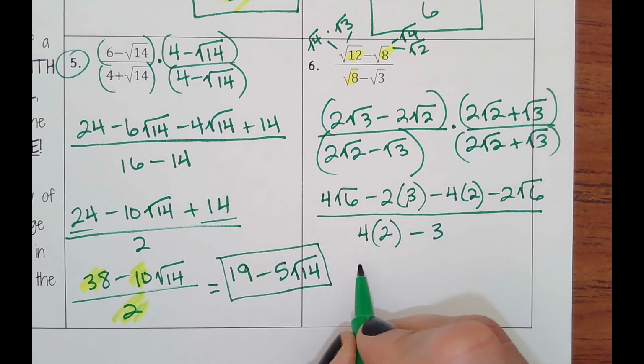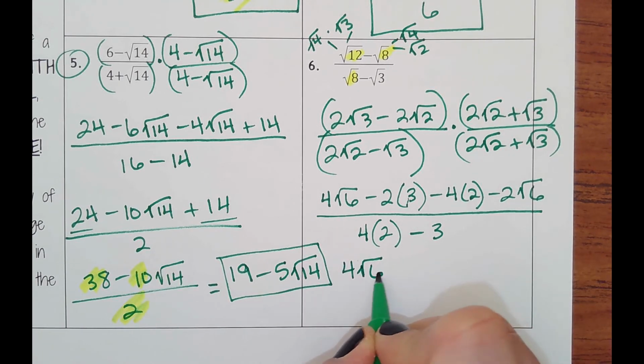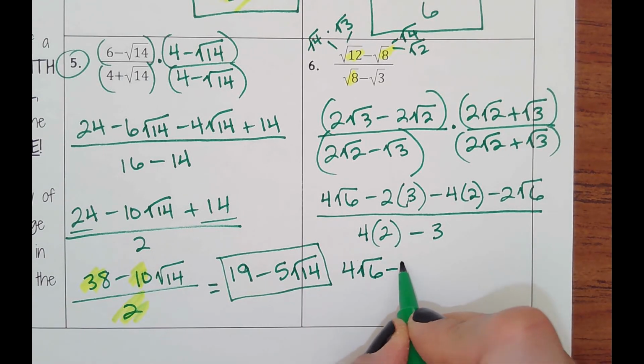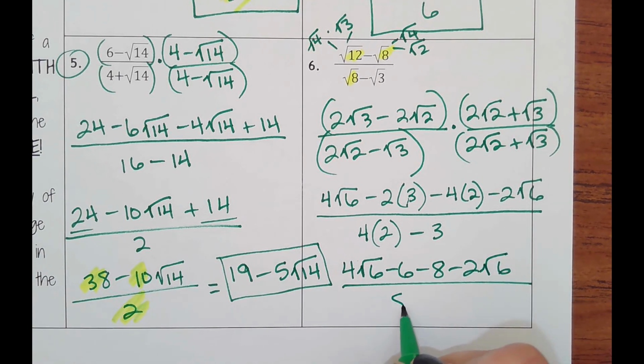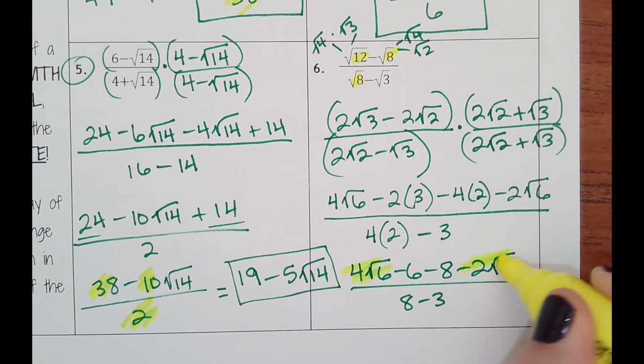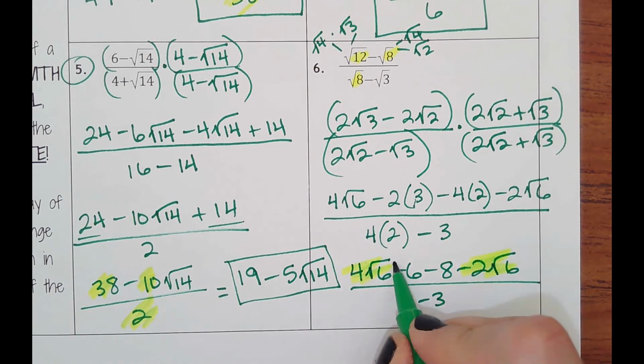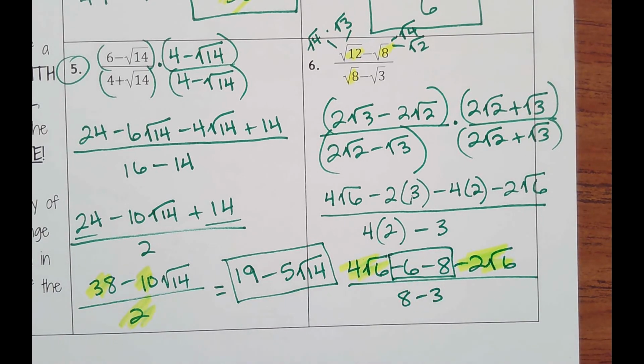And so if I clean that up a little bit, I got 4 square roots of 6 minus 8 minus 2 square roots of 6 over 8 minus 3. I'm going to put my like terms together. Let's put the regular number first.